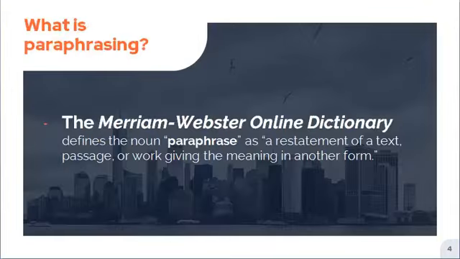So what is paraphrasing? According to the Merriam-Webster online dictionary, paraphrasing is defined as a restatement of a text, passage, or work, giving the meaning in another form. So what does this mean? To paraphrase is to rewrite something using different words without changing the original meaning.